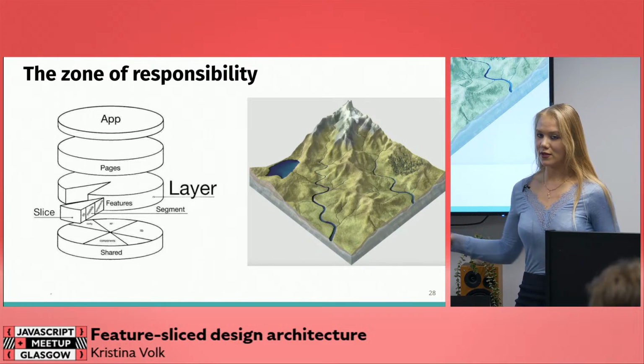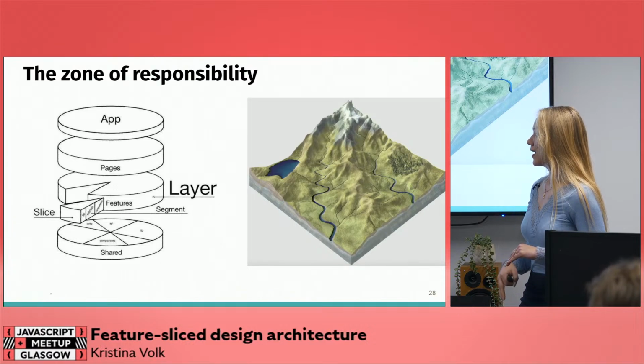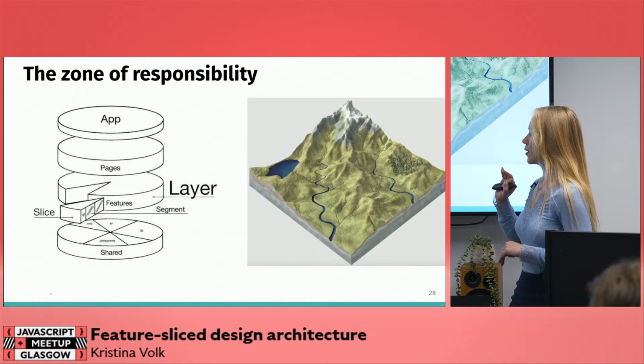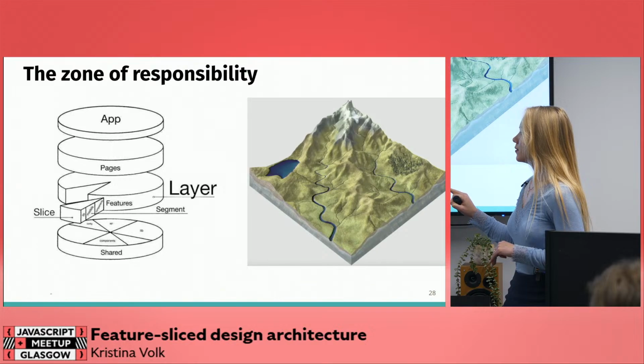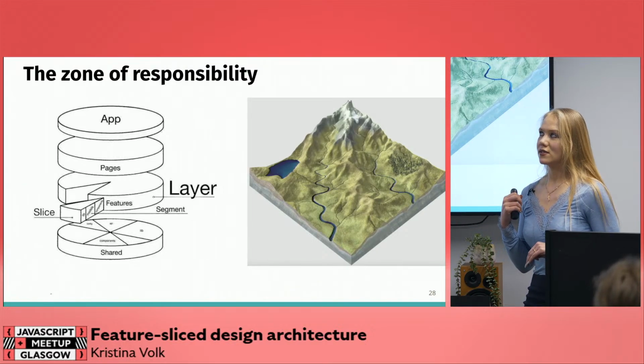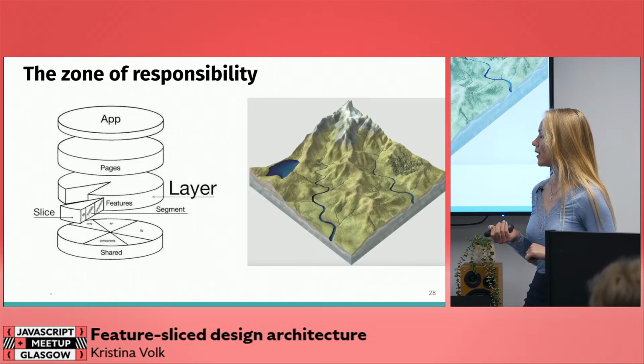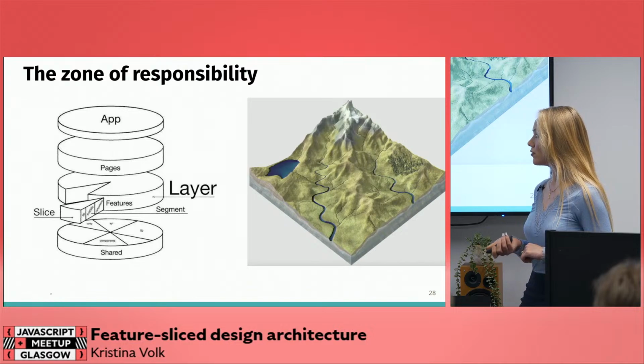It knows everything that is located on the lower layers. For example, if we talk about shared, this is the most stupid module, because it's actually blind, and it cannot use anything because it doesn't have any responsibility.